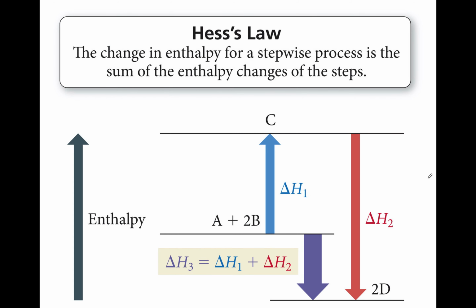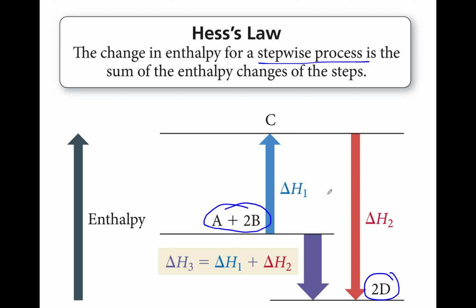Okay, what does this look like? Stepwise process, and we're going to use this at the end of this chapter for a big, complicated stepwise process. So if we look here, we need A plus 2B to go to 2D. Well, we can't do that reaction, for whatever reason.